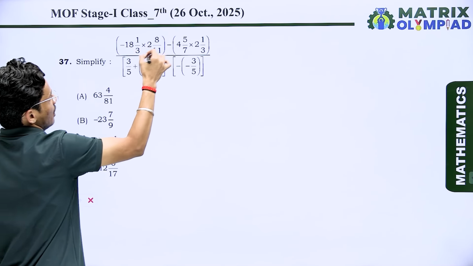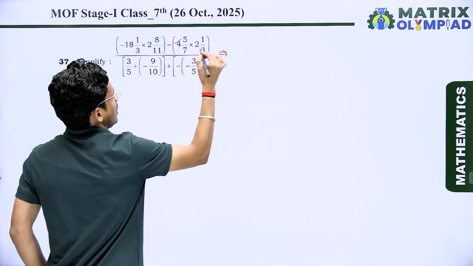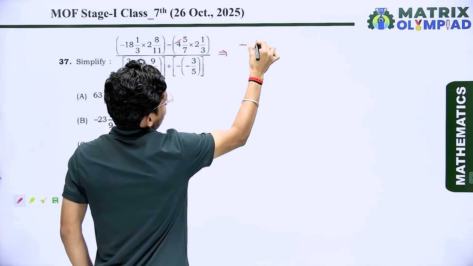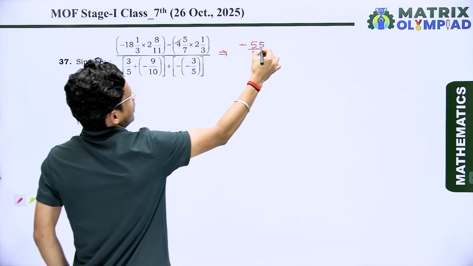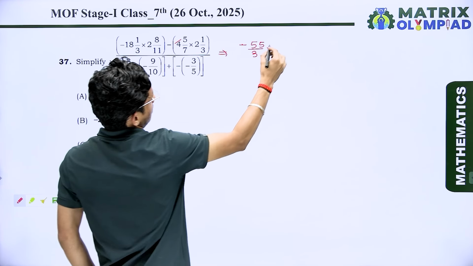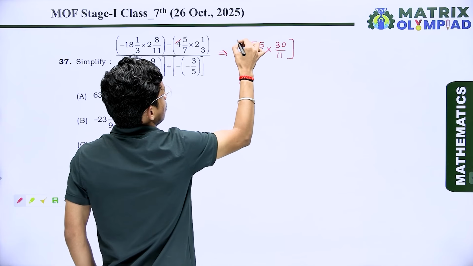Here we have all mixed fractions, so first we have to convert them into simpler form. I can write 18 times 3 is 54, 54 plus 1 is 55, so 55 upon 3. Multiply, 11 times 2 is 22, and 22 plus 8 is 30 upon 11. Bracket close.